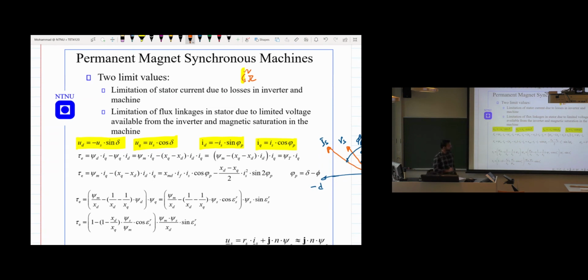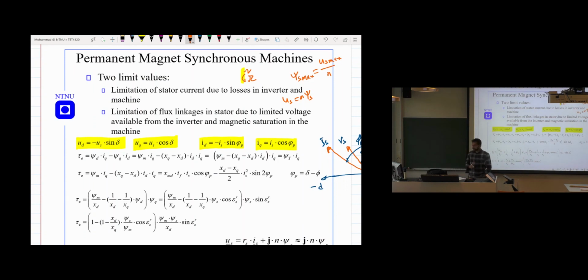That's the one thing. We want to limit the current. And the second thing is that we have limited flux. We cannot have an infinite amount of flux, because if you remember, the stator voltage is by definition the speed multiplied with the stator flux, and then you are getting the Ψs max, which is Us max, the maximum stator voltage that you can provide, divided by speed.